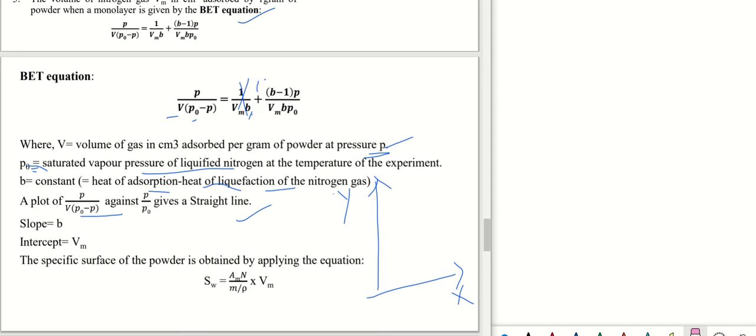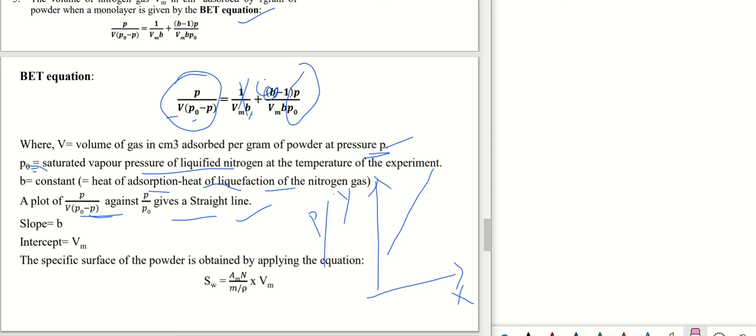And here this is also constant, B is constant. So for a graphical plot, we will be considering this variable and this one. So we need to plot a graph by taking P by V into (P naught minus P) against P by P naught. It gives a straight line.